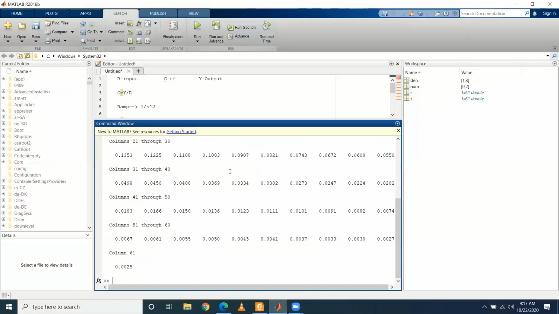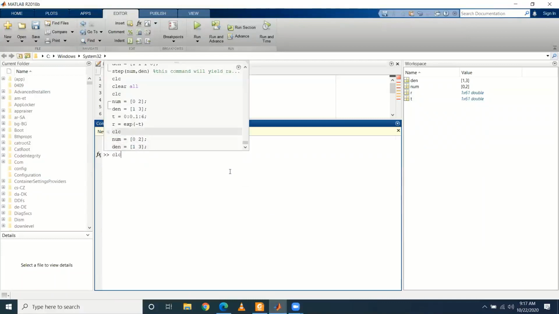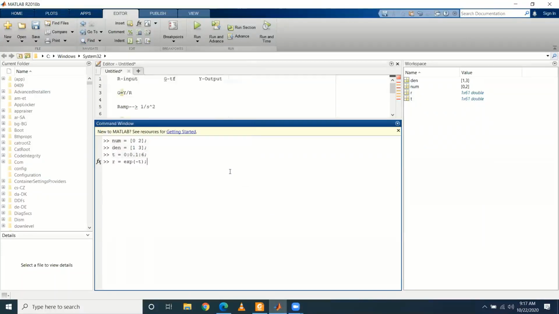R equal to e to the power... it's become a little messy. So again, let's try num, den, t, r. So we have our 4 input parameters. Now we just use LSIM num, den, r, t. This will give us the response of the system for an exponentially decaying input function e to the power minus t, and it will show us the output from 0 to 6 seconds.